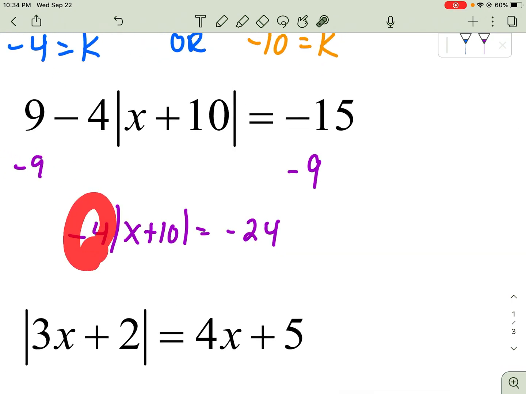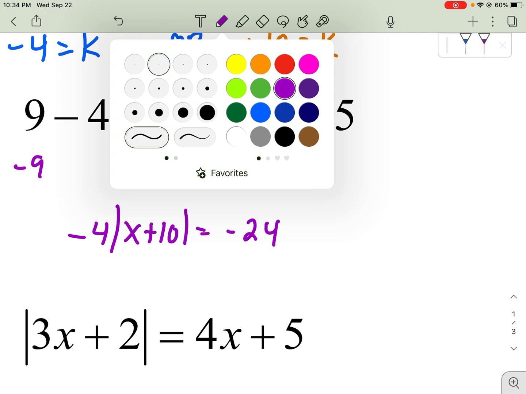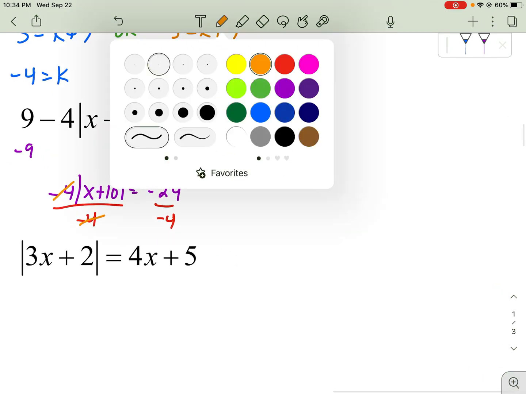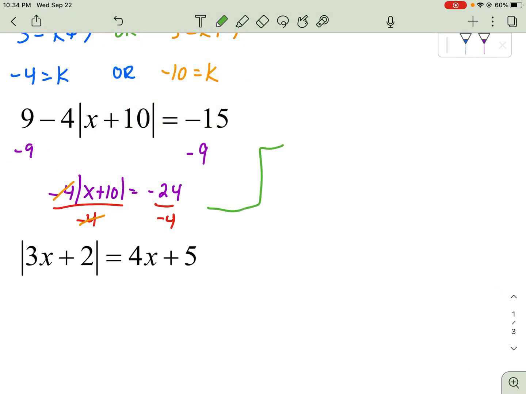Now we got to get rid of this 4 right here. So now we can divide by negative 4 everywhere. These will cancel, which is the point of dividing by negative 4, leaving us with, now we have the absolute value of x plus 10 equals 6.